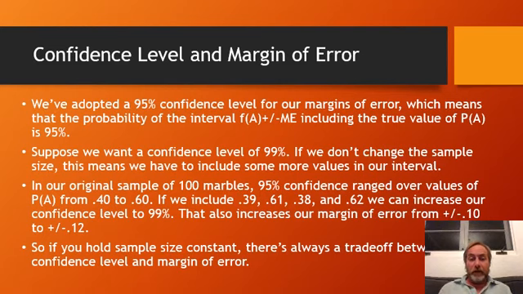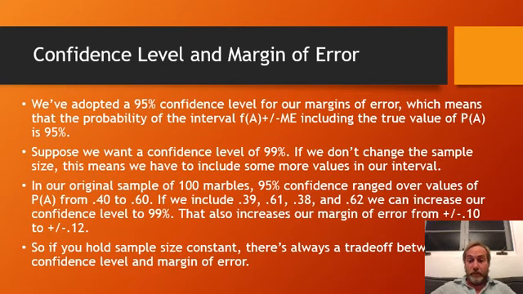So we've adopted a 95% confidence level as our standard. That means that the probability of the interval, relative frequency plus or minus margin of error, including the true value of the probability in the population, is 95%.